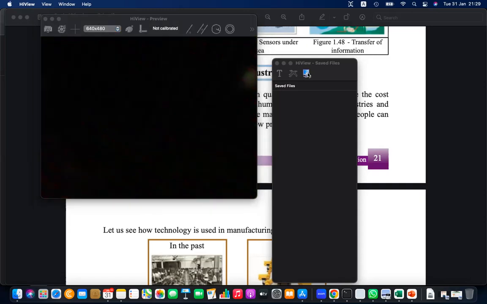Can you see red, green and blue? Sorry, wait, I will connect it again.